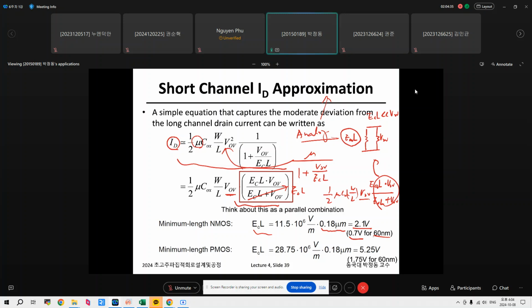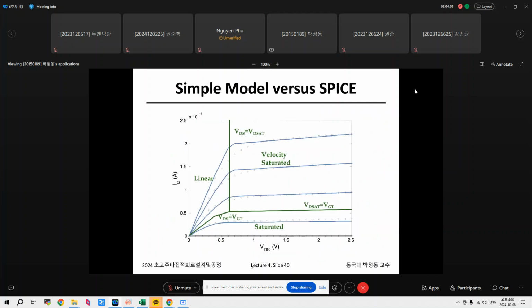As process goes scale down, this ECL is smaller and smaller. Eventually, ID becomes just W, Cox, VOV, and VSET. So this is a simple model.